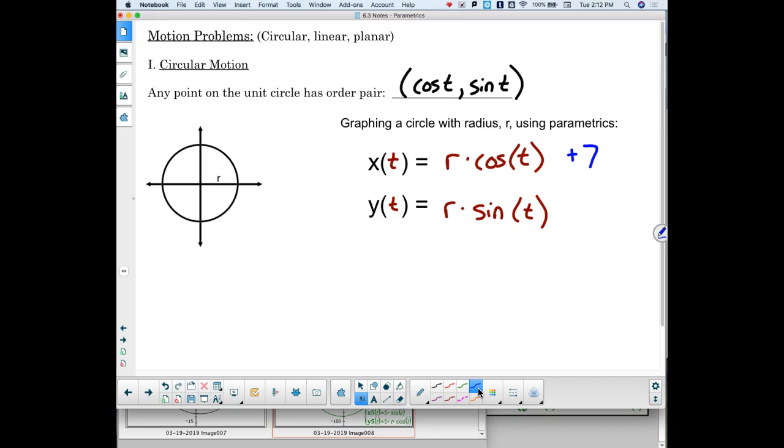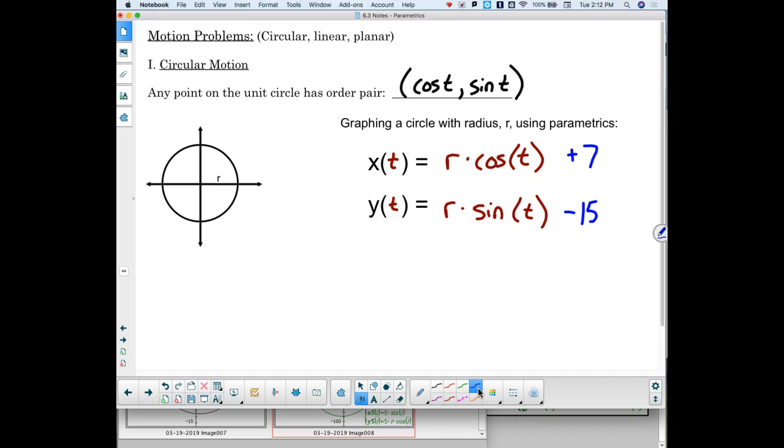No, so it's straight up. So if I wanted to shift that circle 7 units to the right and down 15 units, I'd have plus 7 there because that shifts it to the right, and minus 15 there because that would be down 15 units.